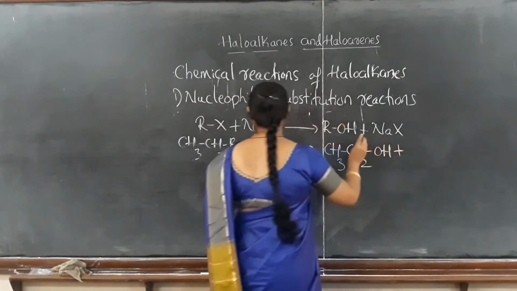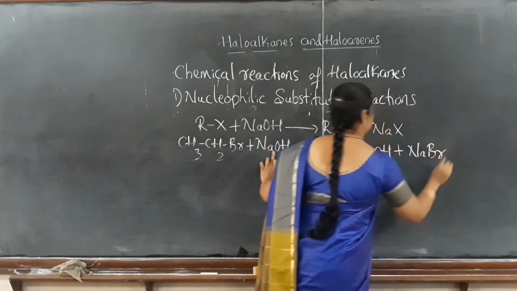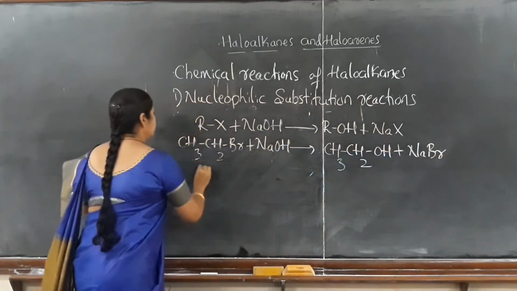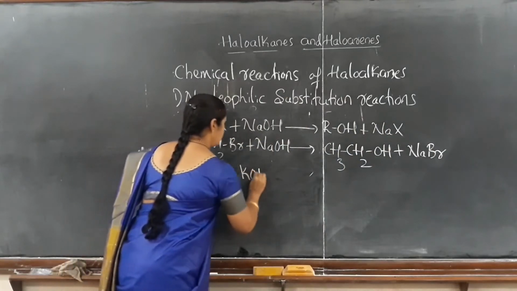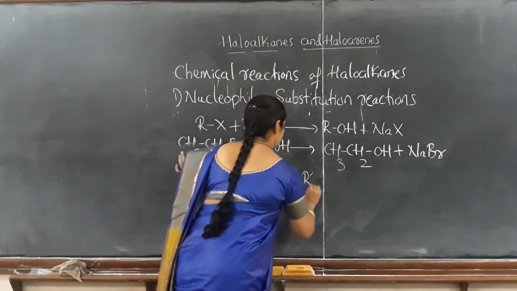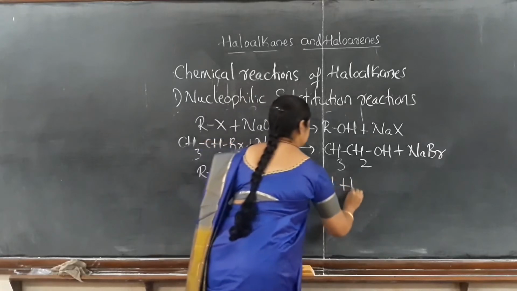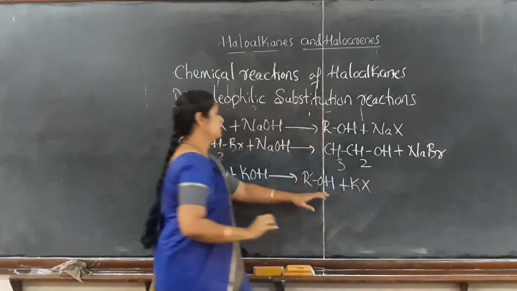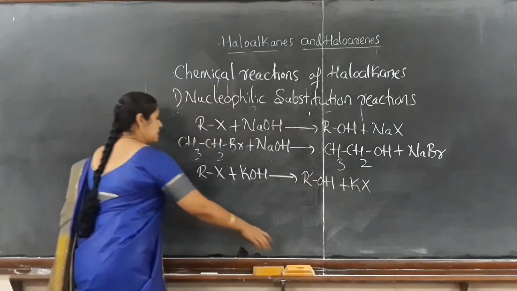In the same way, when an alkyl halide is treated with KOH, here also there is a formation of an alcohol, and we get KX.